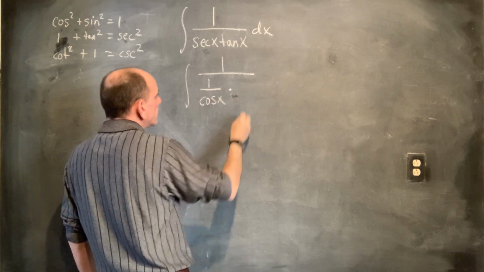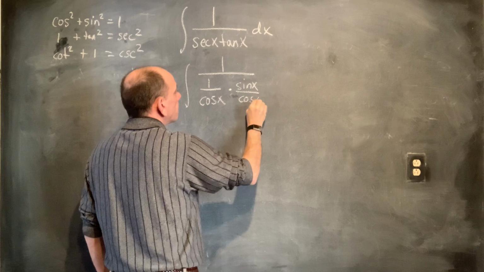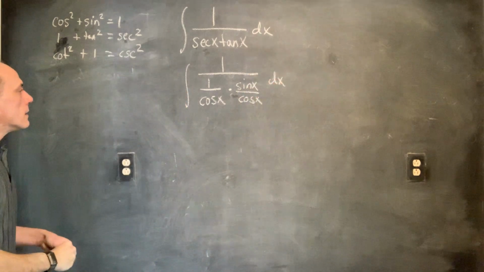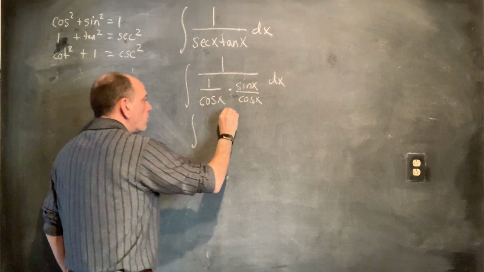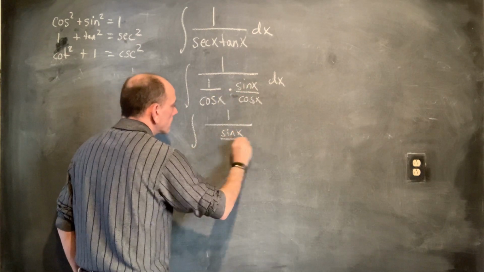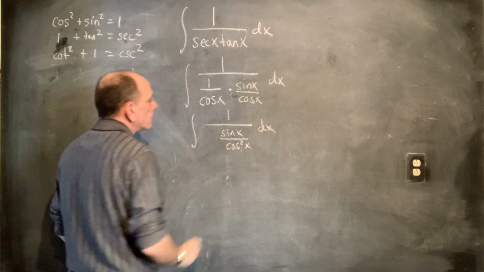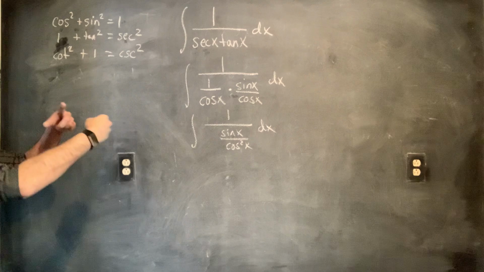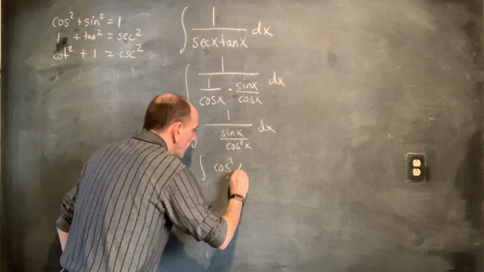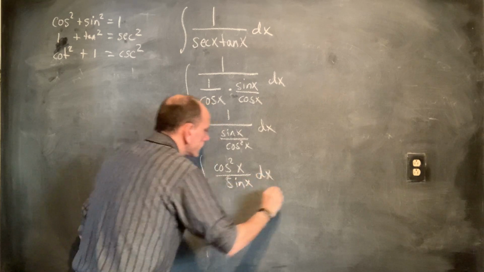The tangent is the sine over the cosine. Looks like I've got 1 over the sine of x over the cosine squared of x, which will flip over, and I've got cosine squared of x over sine of x dx.